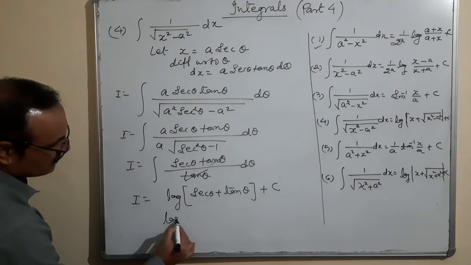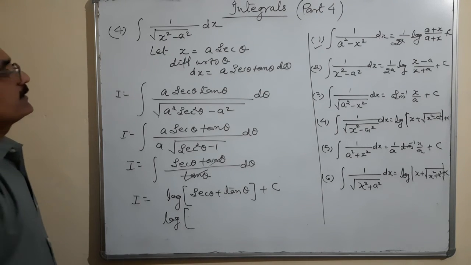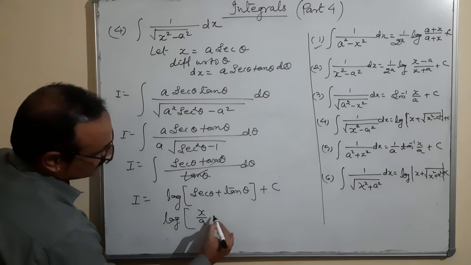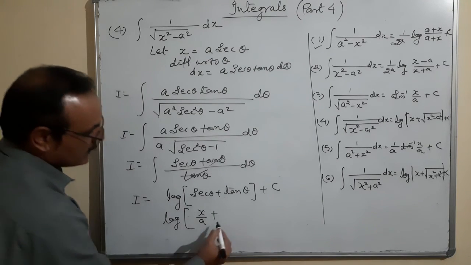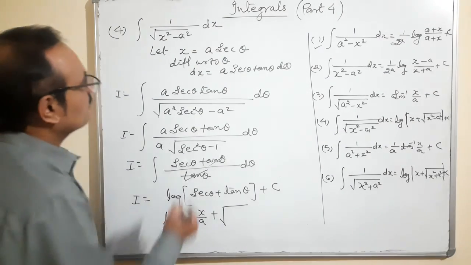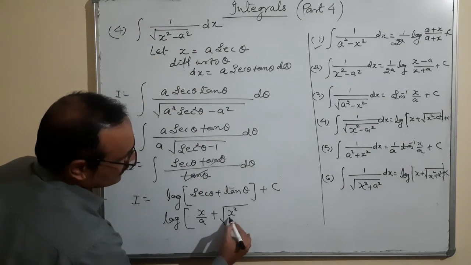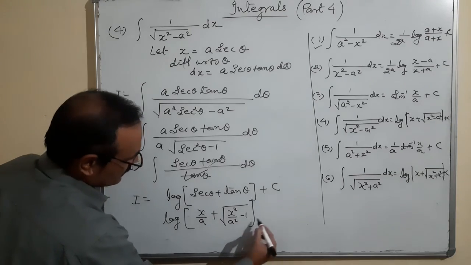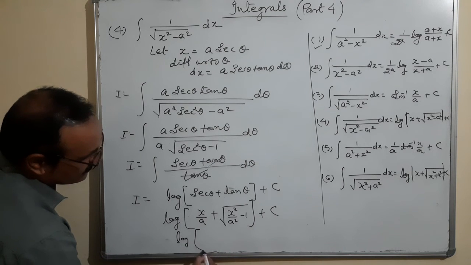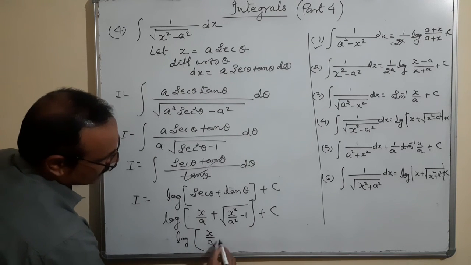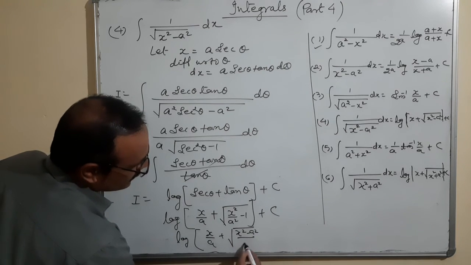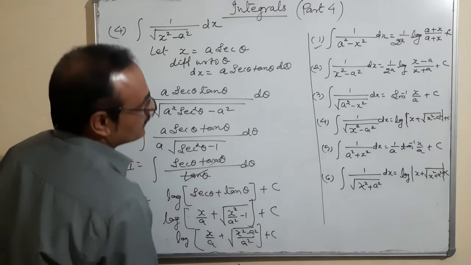The value of sec theta is x upon a, and tan theta is the root of tan square theta, that is sec square theta minus 1, so x square upon a square minus 1. So it is log x upon a plus under root x square minus a square upon a square, plus c.